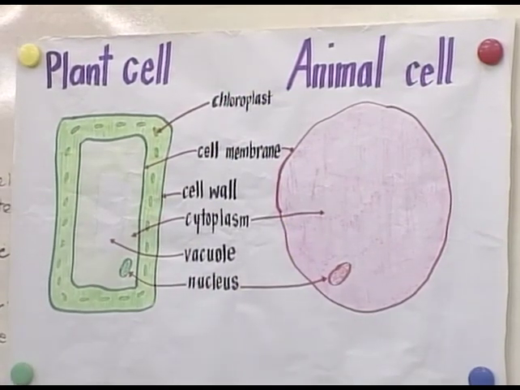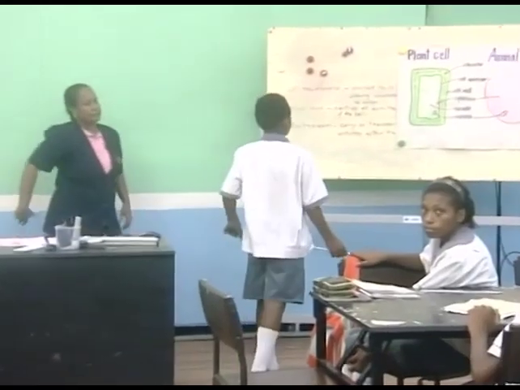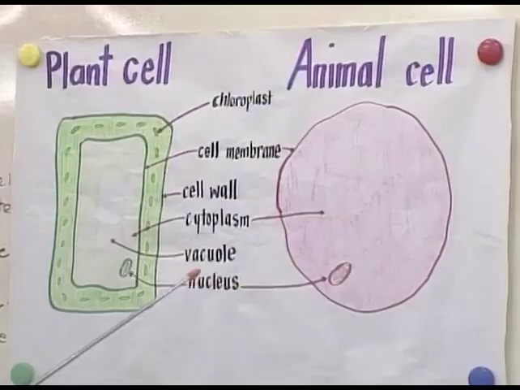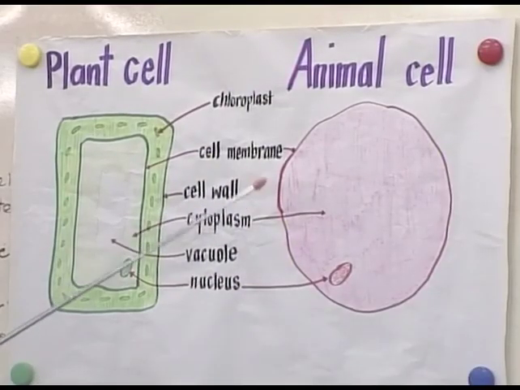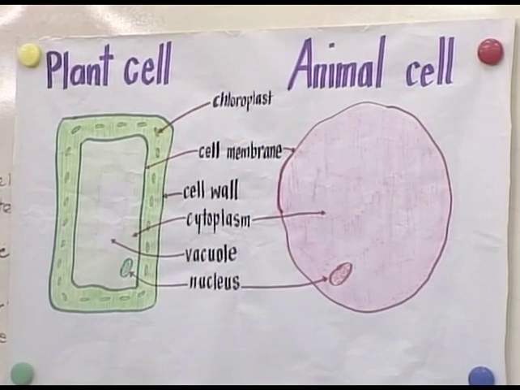All right, come and point to us. What do you mean by saying a lot of things? He said plant cells have a lot of things and animal cell does not. So he will show us which ones. Tell the class, please. Turn around and tell the class. Which ones? Plenty things.